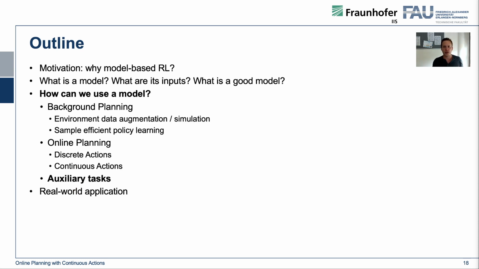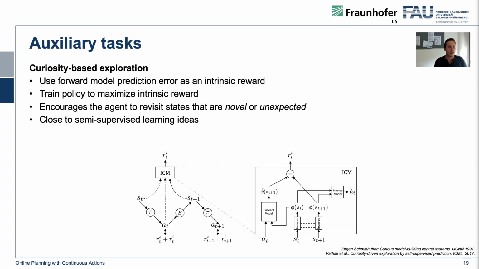I have one more thing to say about auxiliary tasks, which is also something that helps a lot in model-based RL. Auxiliary tasks are tasks beside your actual reinforcement learning task. So you have a reward function that defines how well you perform at a certain task. And in order to improve the knowledge of your agent about the world, you introduce auxiliary tasks.